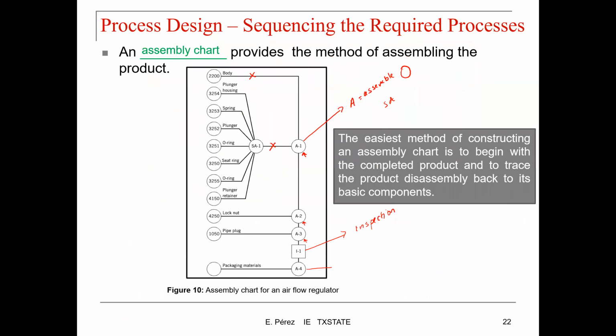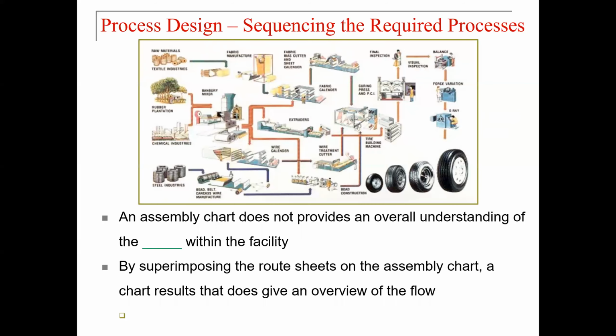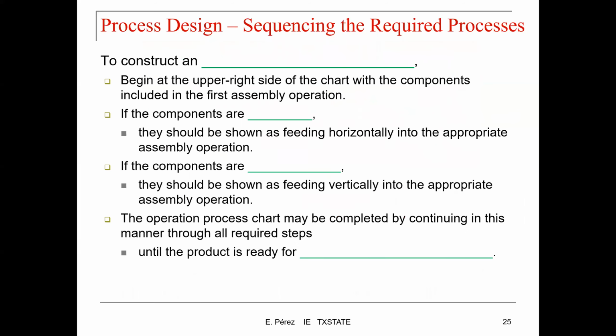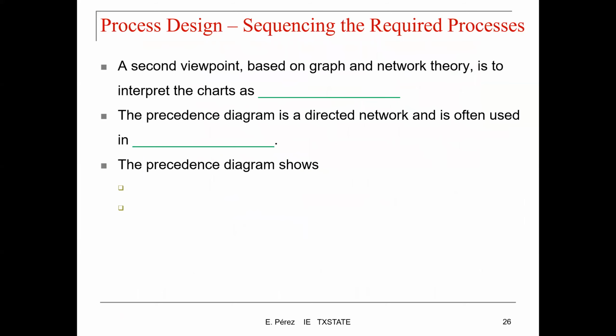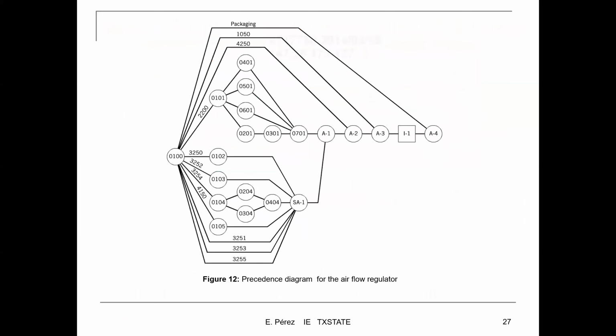We also need to understand how to construct an assembly chart and what it is representing. So an assembly chart is important, it's required for the class, but we are not going to be asking you to draw a precedence diagram in this class.